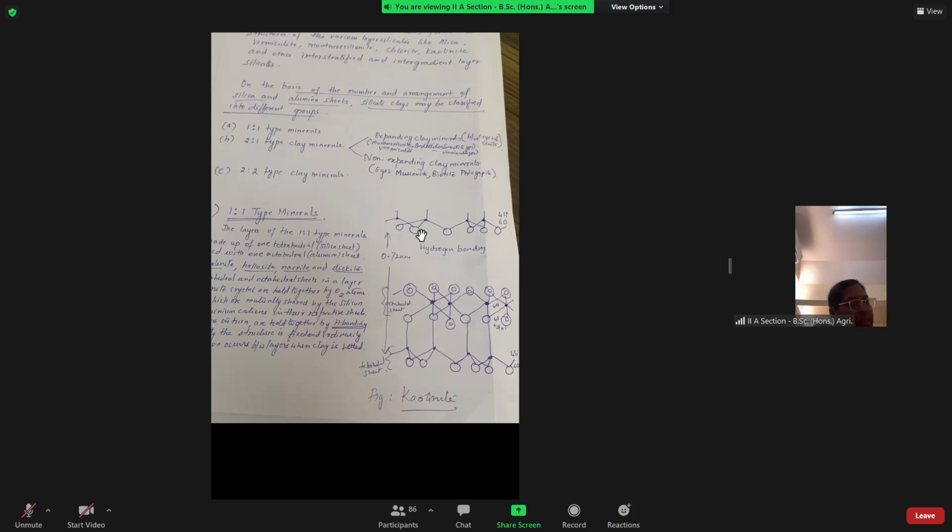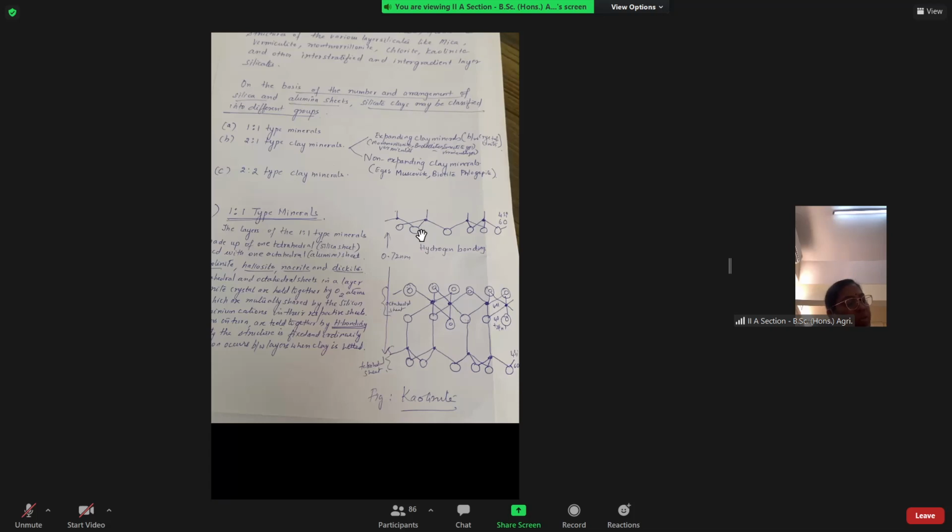These act primarily as bridges holding the units together rather than driving them apart. So the degree of swelling is less for vermiculite compared to smectite.